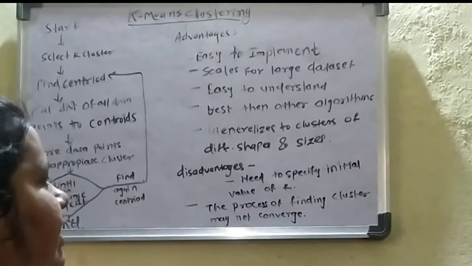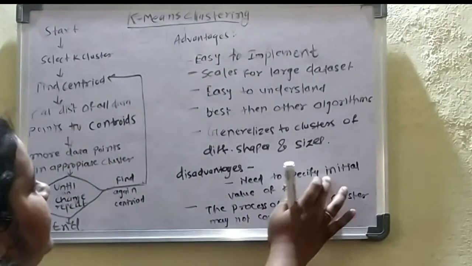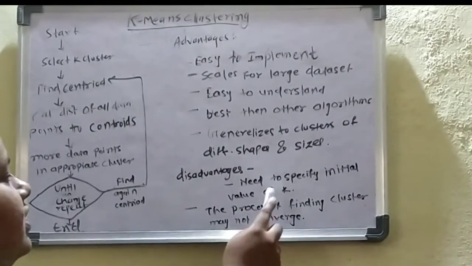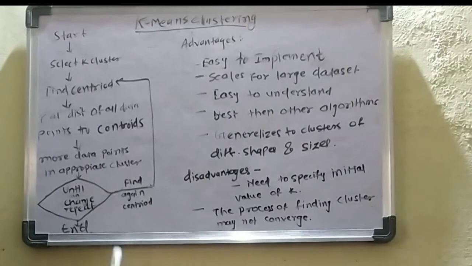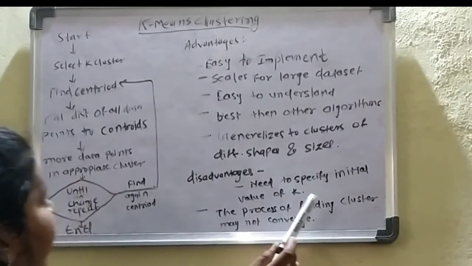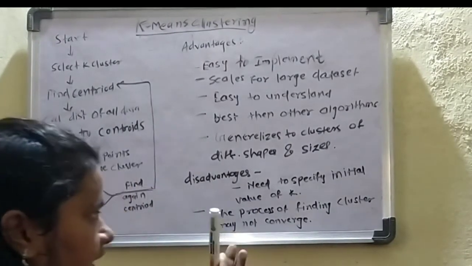Now we will see the disadvantages. The main disadvantage is that the user needs to specify the initial value of K, which is quite difficult, because based on the K value, the whole algorithm will work. Whatever value we choose for K and the initial clusters, based on that the algorithm will classify the data points.